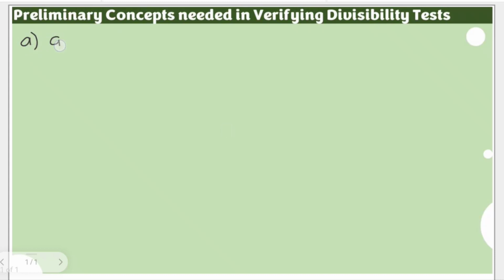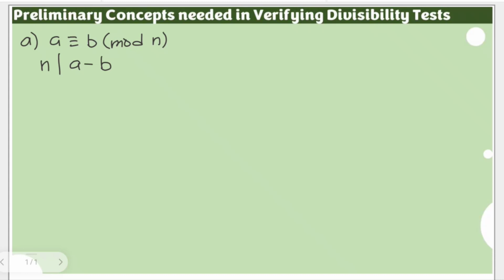We have here A is congruent to B modulo N. This means that N divides the difference A minus B. So whatever A minus B is, N, which is any integer, could divide that result.